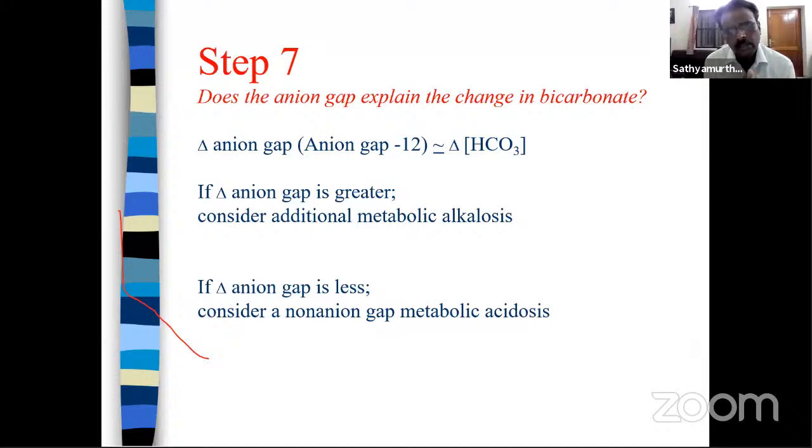Similarly, if your delta anion gap is less, you consider non-gap metabolic acidosis. This is a little complex to understand, but even if you don't remember, it's fine. Just remember there's something called the gap. Patients can have both non-anion gap acidosis as well as high anion gap acidosis. Sometimes they can have high anion gap acidosis along with metabolic alkalosis also.